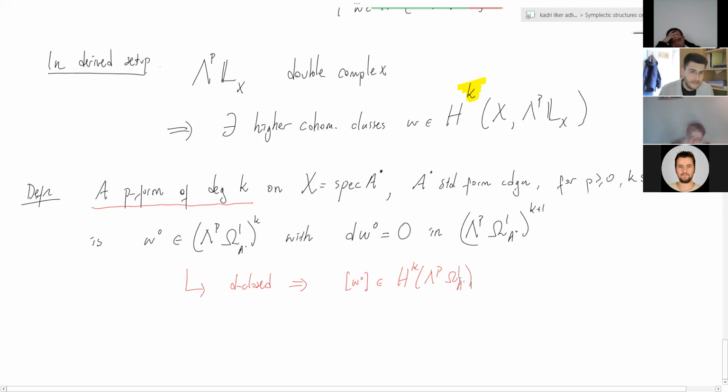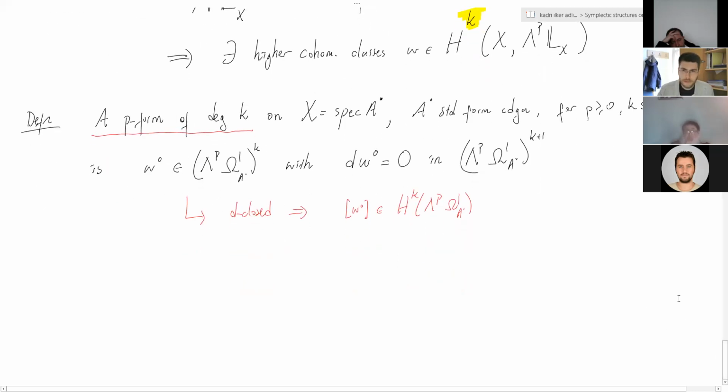What about the existence result? These are all coming from, remember, in the introduction I mentioned a paper, right? The paper of Pantev, Toën, and Vezzosi. The existence results and definitions are coming from this paper, basically.